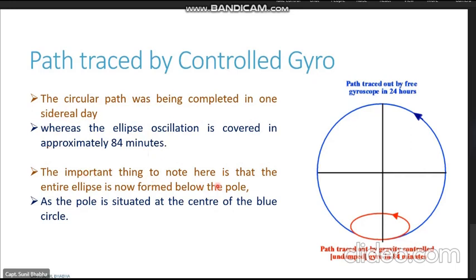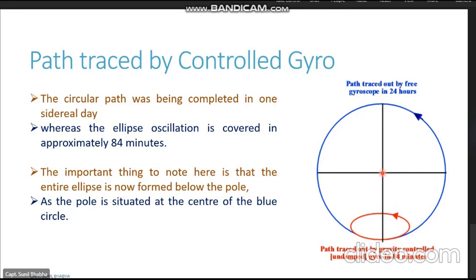The important thing to note here is that the entire ellipse is now formed below the pole, as the pole is situated at the center of the blue circle. If you go back to the free gyro, you will remember that this blue path which the free gyro was tracing was following the motion of the gyrostar, and this motion was centered at the pole. So at the center of this blue circle is the pole, where you have the vertical and horizontal line meeting.